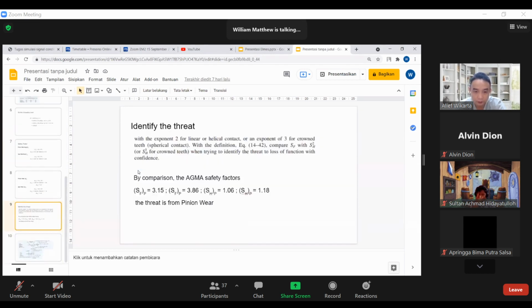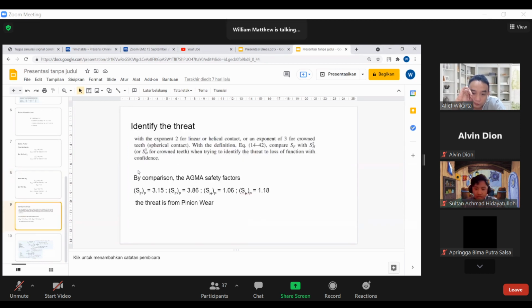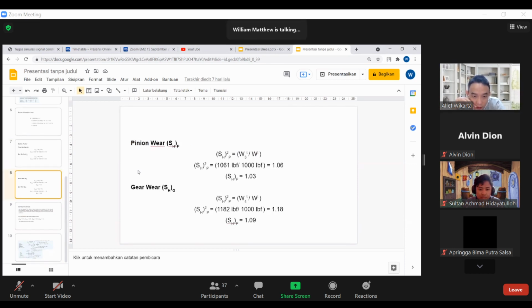In the books it mentioned that we have to calculate the safety factor and compare. What is the difference between SF and SH? SF is the bending, sir. SH is the wear. Oh, wear, okay.